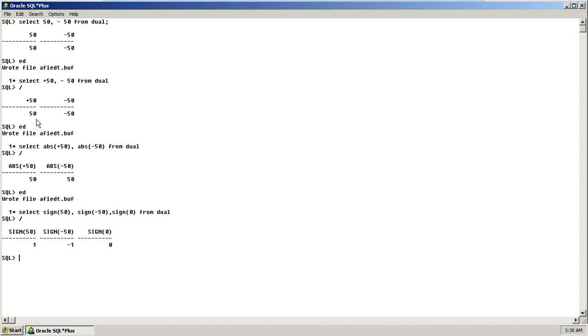And you have a square root function. Select SQRT is the function for square root. So something like square root of 25 is 5, right?